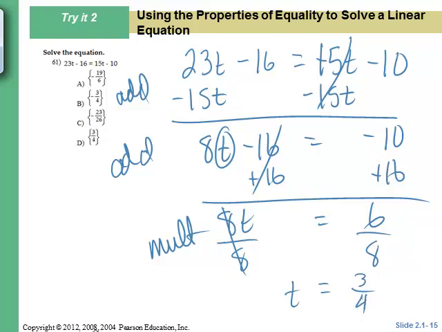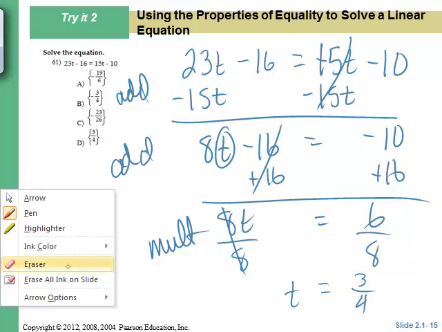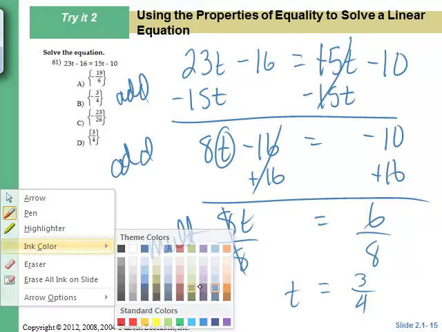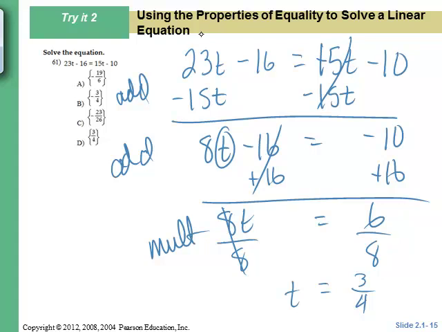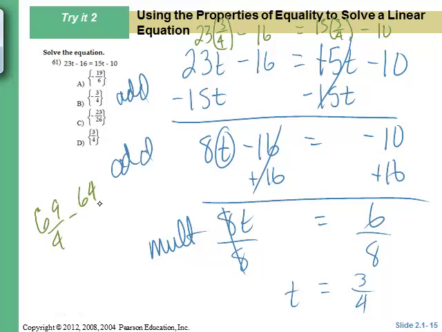Let's check it and see. I'm going to change colors here. 23 times 3/4 minus 16. Do I get 15 times 3/4 minus 10? 23 times 3/4 is 69/4 minus 64/4, because that's what 16 is.